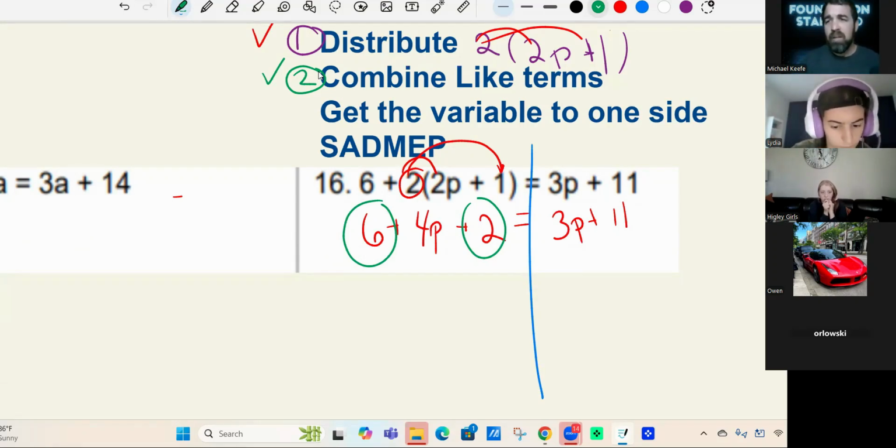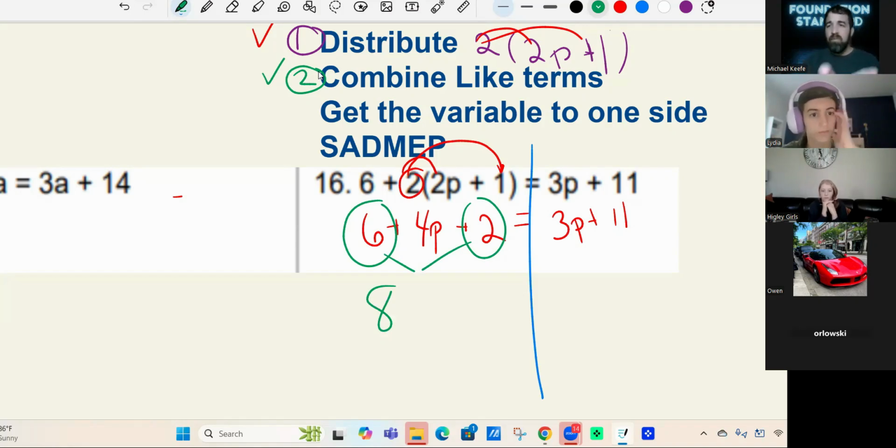So when we talk about combining like terms, that's like adding apples to apples. I could only add numbers to numbers. And if I was going to add 4p to something, it would have to have the same variable. So 6 and 2, when it says combine like terms, I'm just adding those together to get 8. And so that was that second step. I added those two numbers that could be added. On the right-hand side, 3p plus 11, those are not like terms.